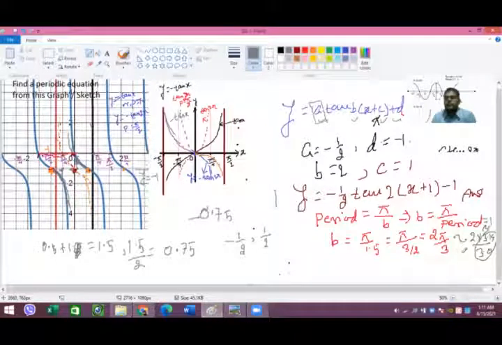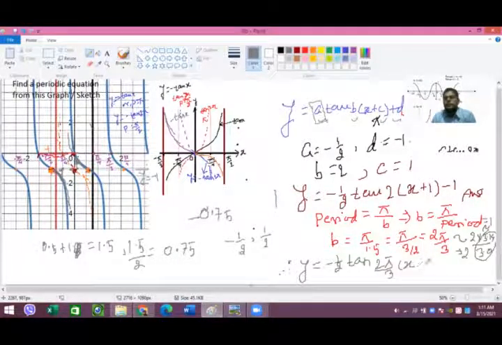That means it is still very close to the value of b equals to 2. So in this way also we can express it. Therefore in this case your periodic equation will be -1/2 tan, in place of 2 you can now write 2π/3, and then x plus 1 minus 1. So this is also an answer for this graph.